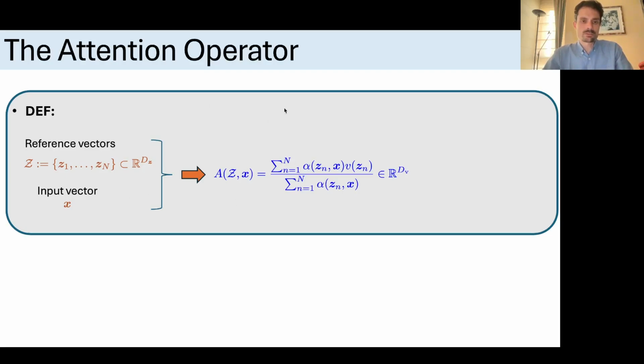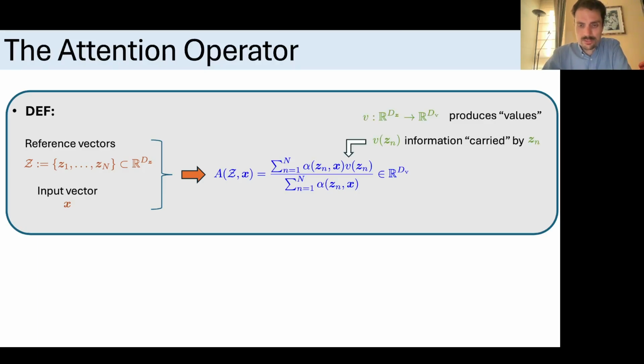But this is applicable much more generally. And it also takes as an input a vector x. And it returns another vector, which is obtained with the weighted average that we saw earlier.